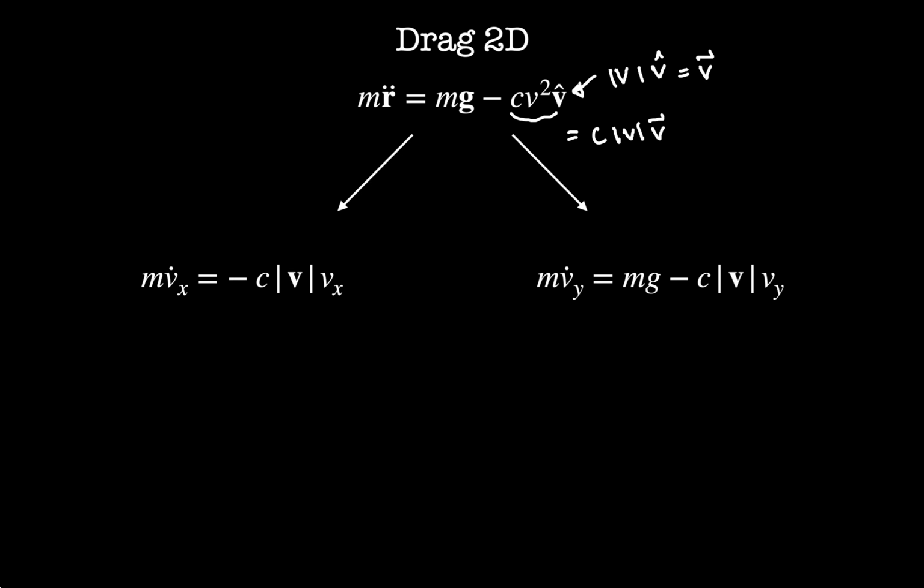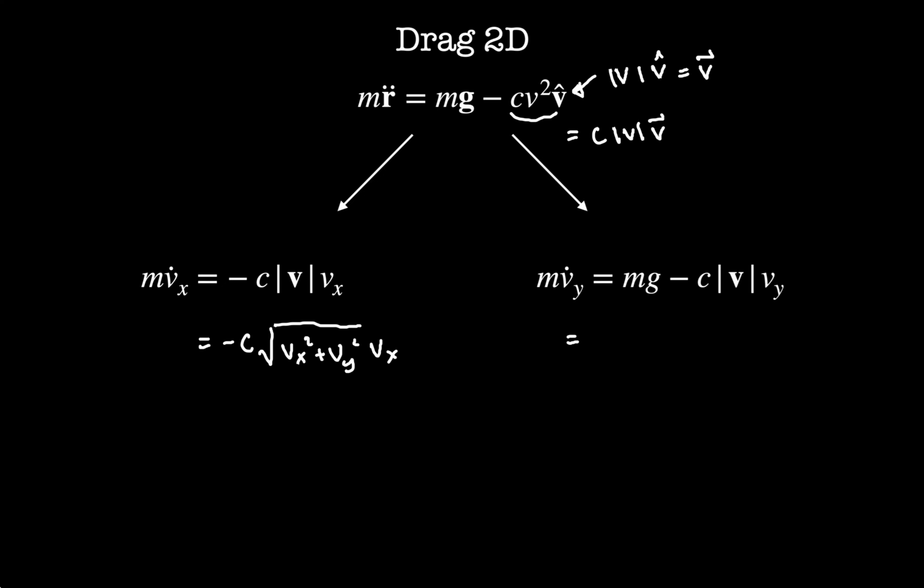So I have an x term here, the vx component that depends on the magnitude of my total velocity and vx. So I can write this as minus c times the square root of vx squared plus vy squared times vx. And then my y component has gravity, but it also has an equivalent term in it.